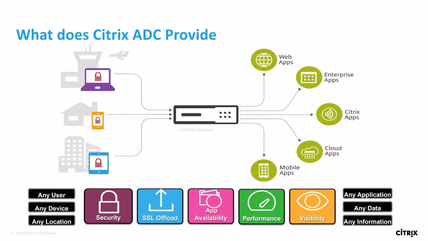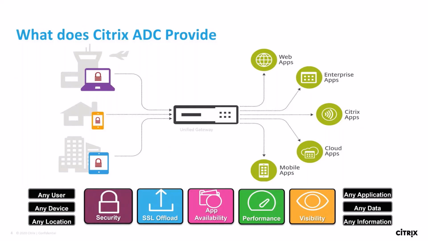So here I'll go ahead and give you an overview of what you're looking at, and then we can dive into specific use cases. From a very high level, the Citrix ADC enables IT to ensure business-critical apps are performing optimally, are highly available, and don't present any security risks either to the user or to the business.